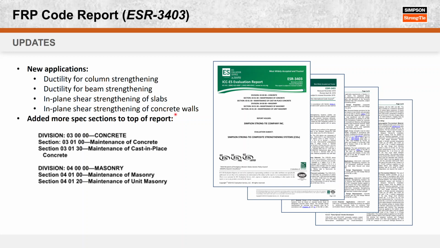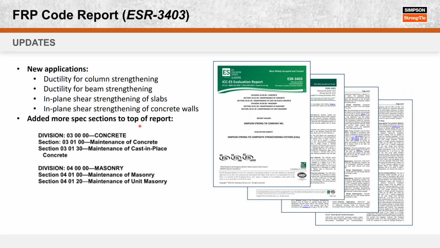Fife has, I think, the code report with the most different types of applications, and they got somebody in Southern California near Los Angeles to write a book stating that you can't use FRP for any strengthening type that is not in your code report.